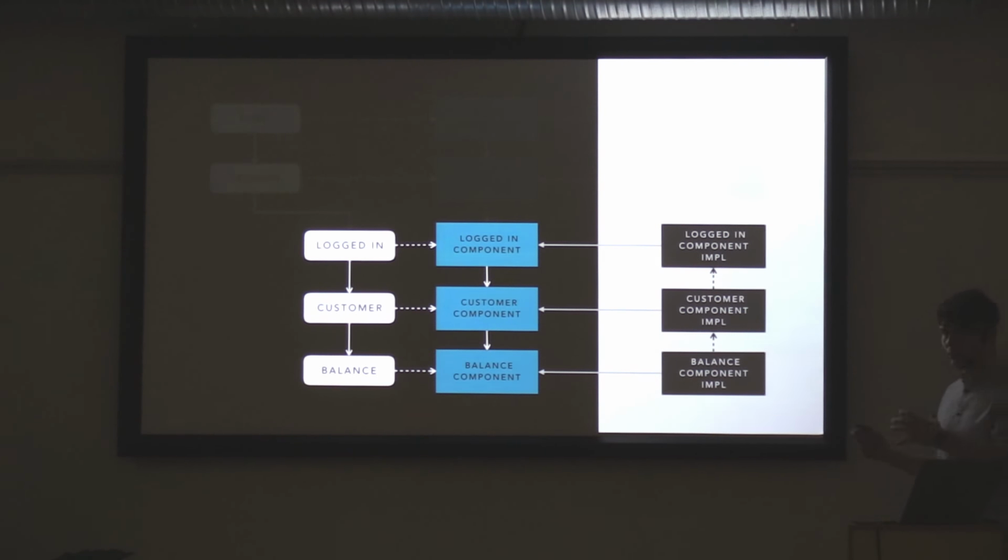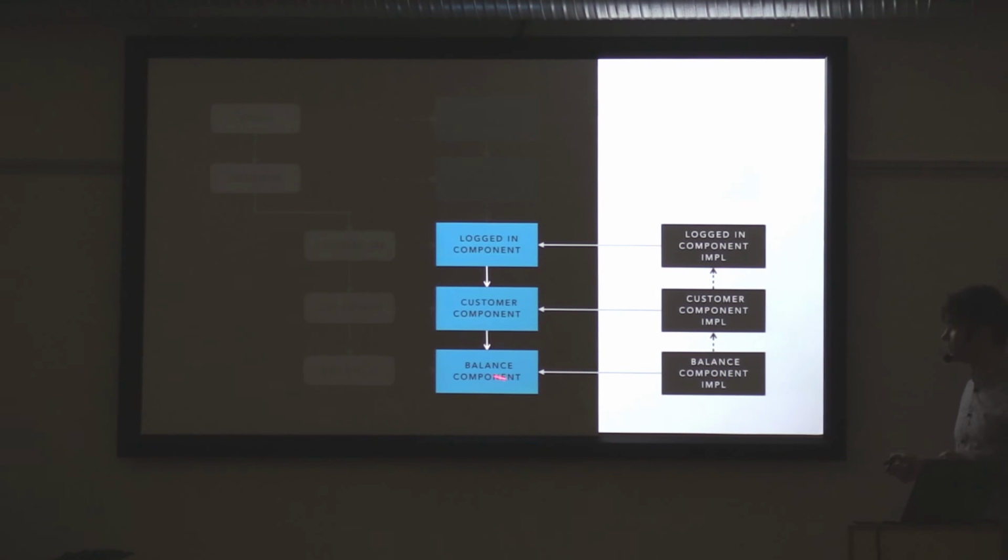So let's go back to our problem. We still need to initialize the account service in the balance component, so somewhere we need to take the account service from. We will concentrate only on these two, on this pairing.